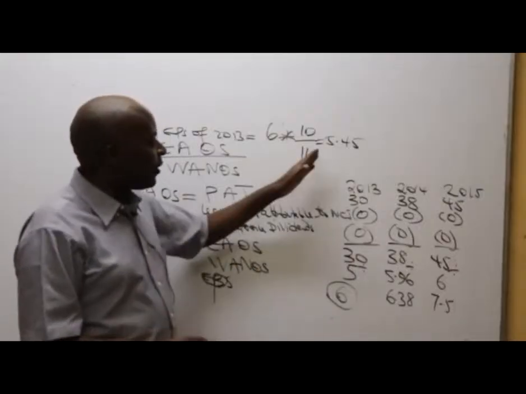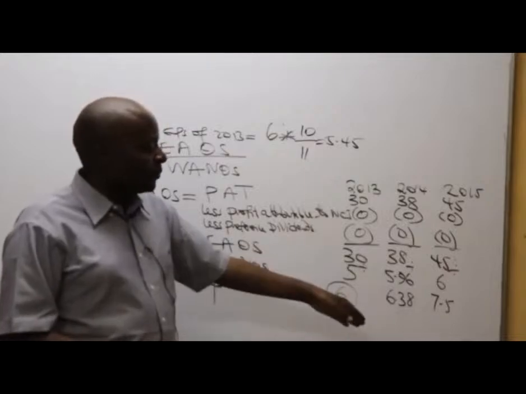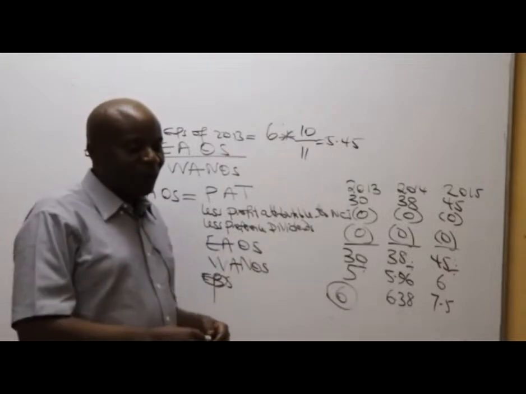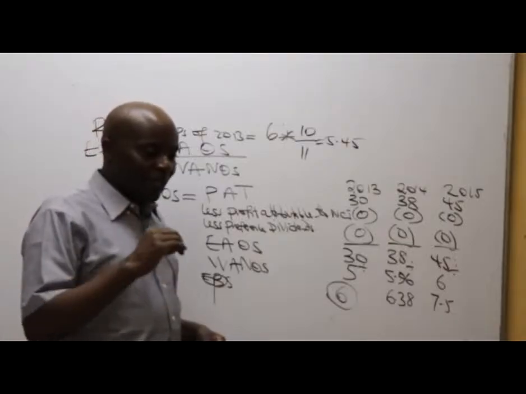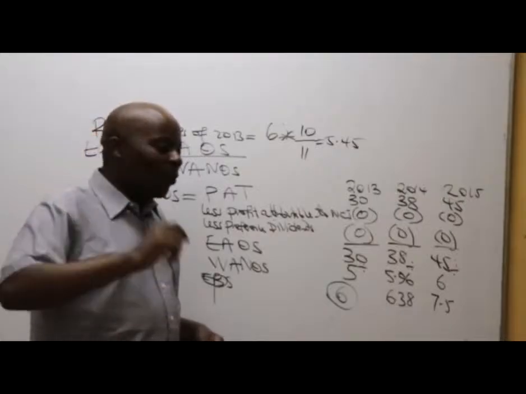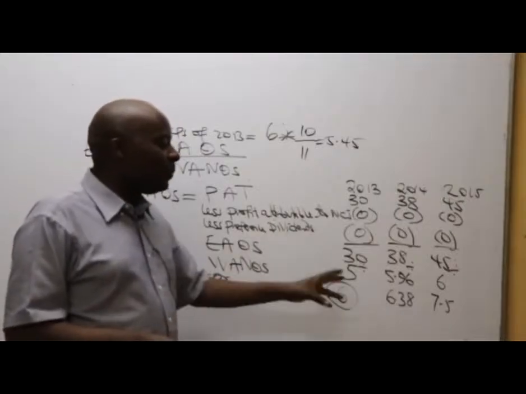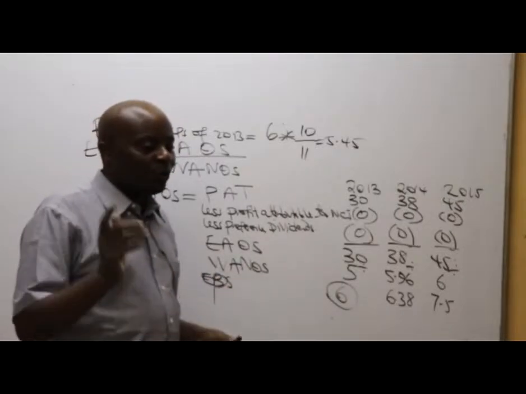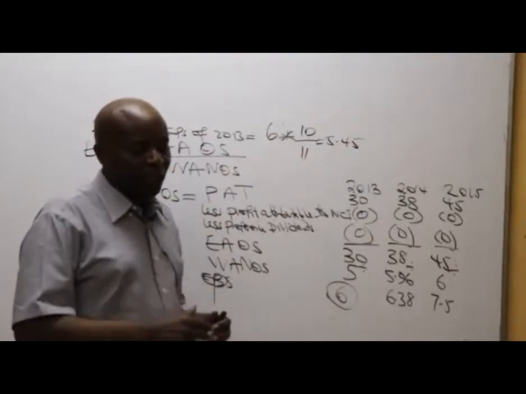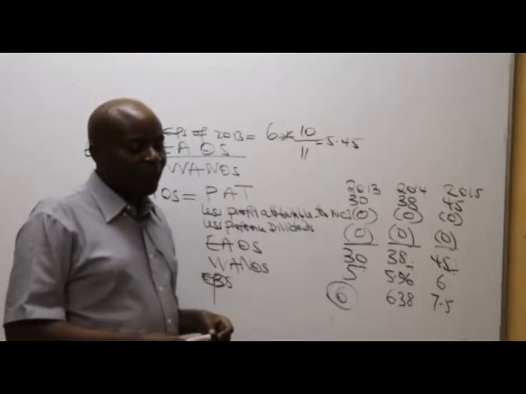Because now I'm comparing 5.45, going to 6.38, going to 7.5. So the comment is that this company's performance is superb. Any CEO who is able to increase their EPS like this should earn huge perquisites in the form of bonuses.